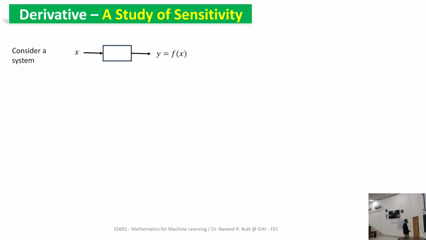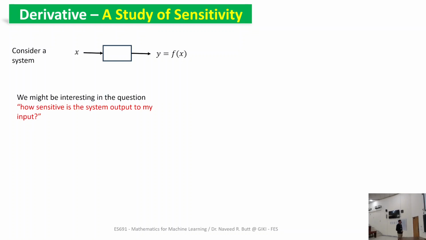And what I want to know is, okay, how much is f(x) sensitive to changes in x, right? The sensitivity of my output to my input, yeah. And in that we might want to find the change in output per unit change in input. That's one thing, yeah.